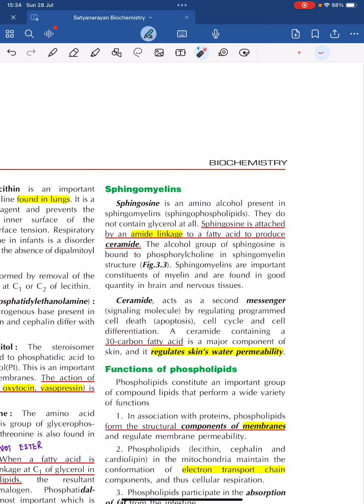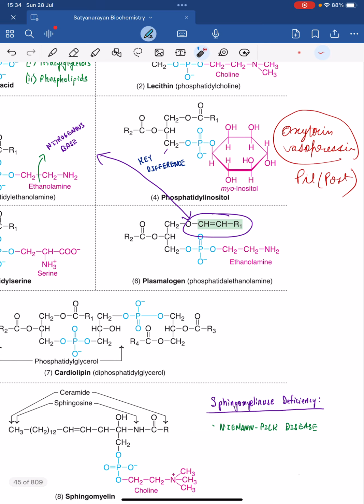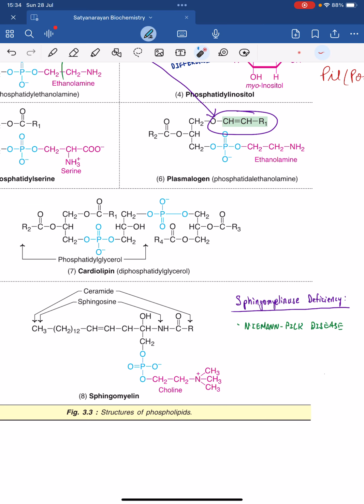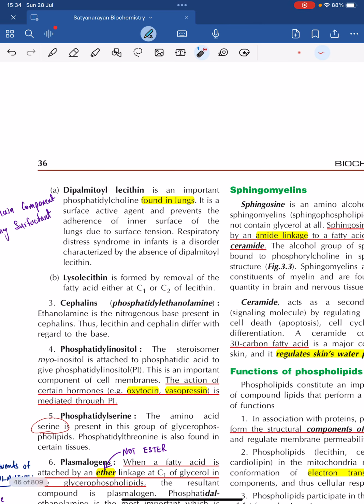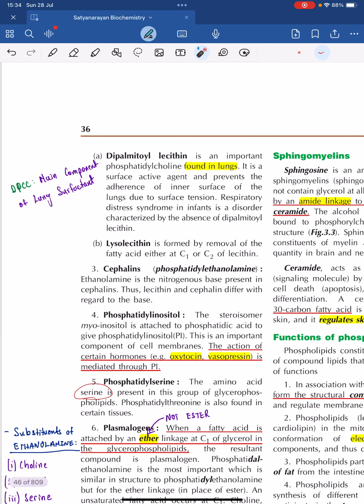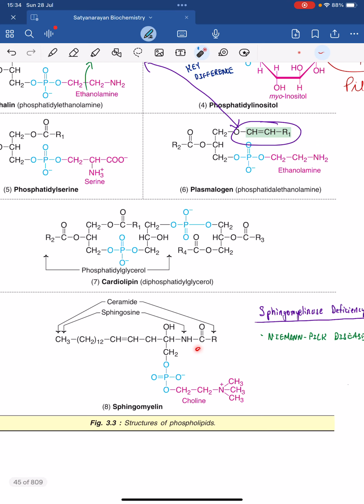Sphingosine is attached by an amide linkage to a fatty acid to produce ceramide. This is our sphingosine. It is attached to a fatty acid to produce ceramide. Here, this is the attached fatty acid, and this whole group is then called ceramide.